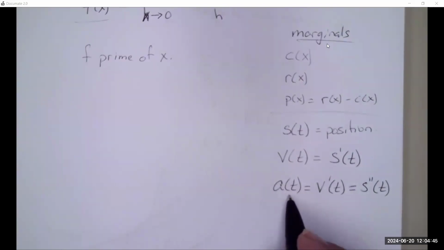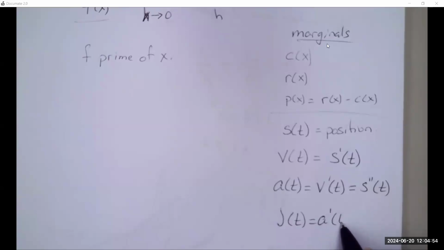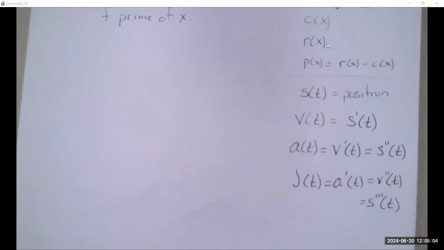Well, what do you call the change of acceleration? That's called the jerk. So the change of acceleration is called the jerk, which means it's the next derivative of your velocity, which means it's the third derivative of your position.